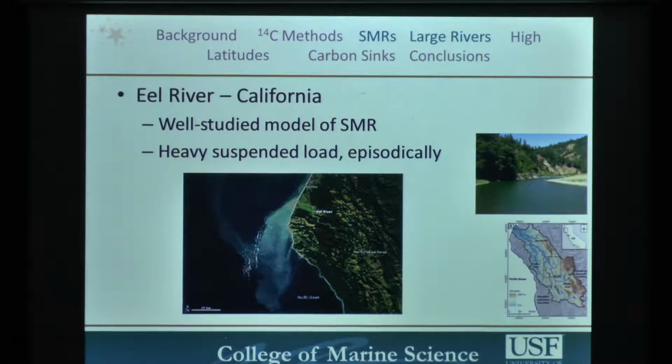So more recently, we've gotten involved in analyzing some Eel River sediments that were sent to me from Neil Blair. And this is a picture of the sediment plume from the Eel River. The Eel River is a small mountainous river, but it turns out that small mountainous rivers are very important for the carbon cycle because, one, there's a lot of them.